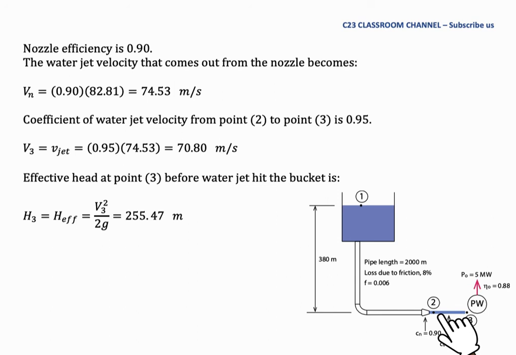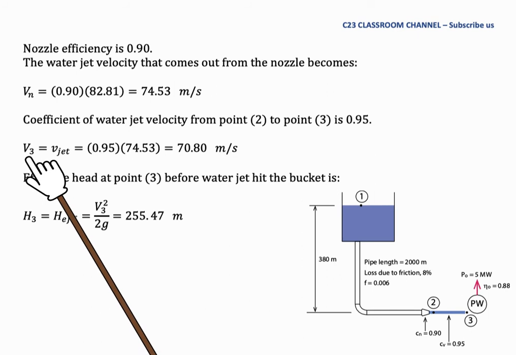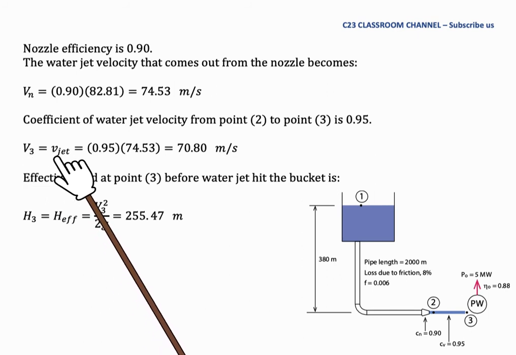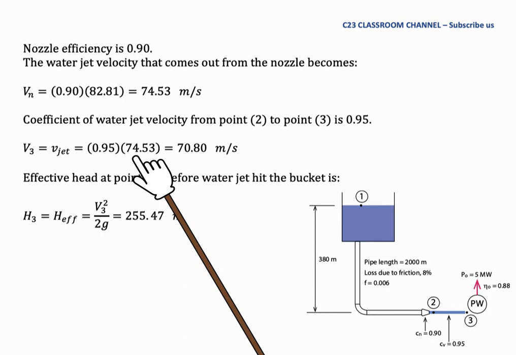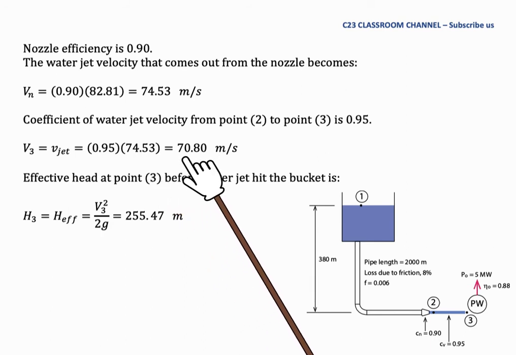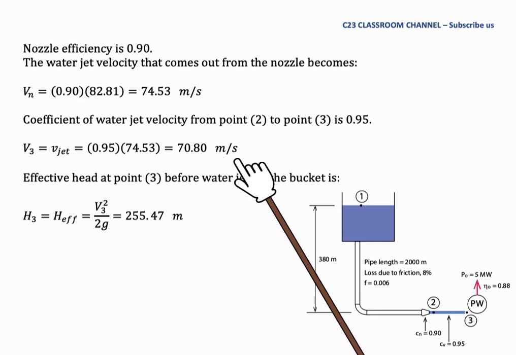Then the water jet travels from point 2 to point number 3, and there are losses between point 2 and point 3 because CV is equal to 0.95. So we can calculate the velocity at point number 3, V3, which is the velocity of the jet that hits the bucket, as 0.95 times 74.53, and we get Vjet is 70.80 meters per second.